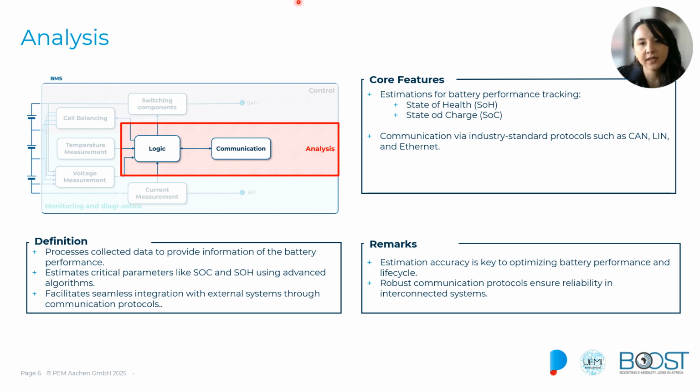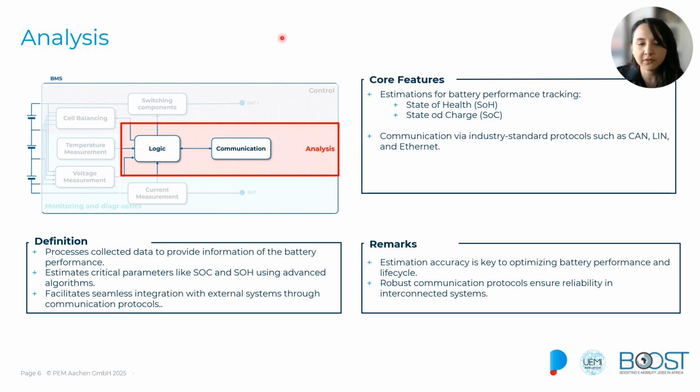Finally, we have the subsystem that is in charge of the analysis and the communications. This subsystem will process all the data that has been collected by the monitoring subsystems, and it uses it to estimate the battery parameters and to facilitate the system integration.